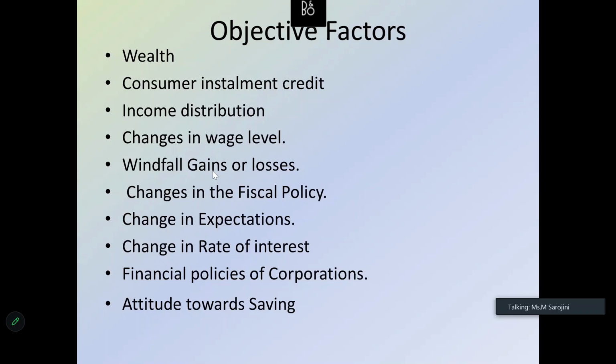Finally, the attitude towards saving. If they feel the interest rate is high, they turn their consumption money towards saving. Then the consumption will be reduced.